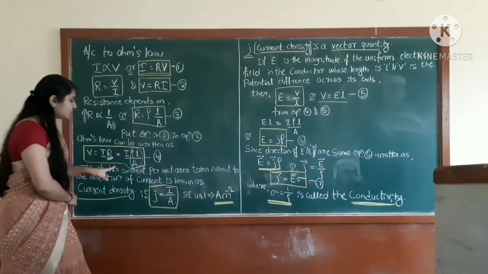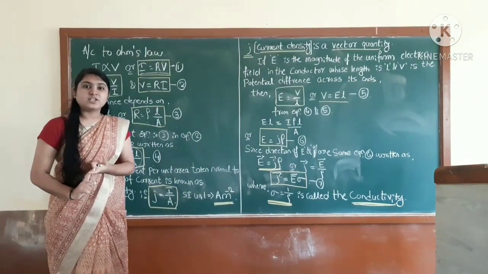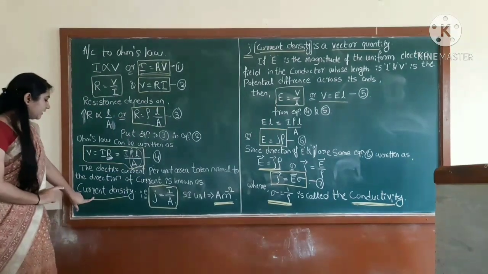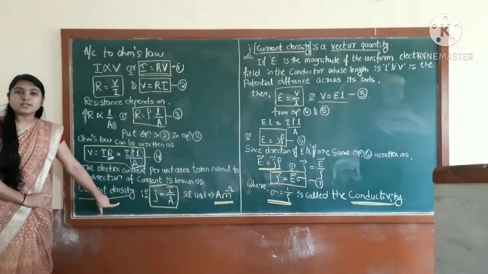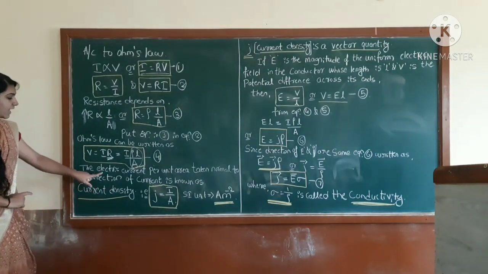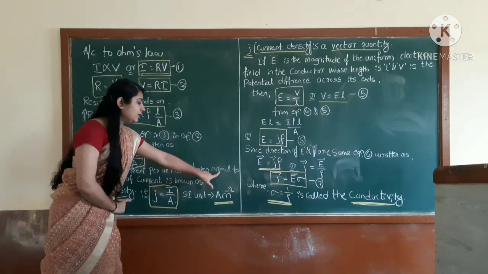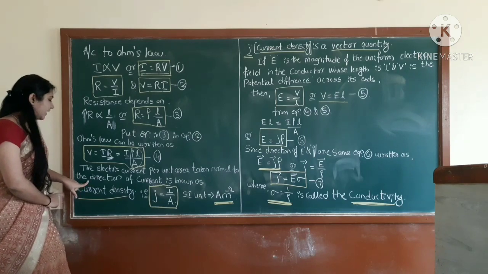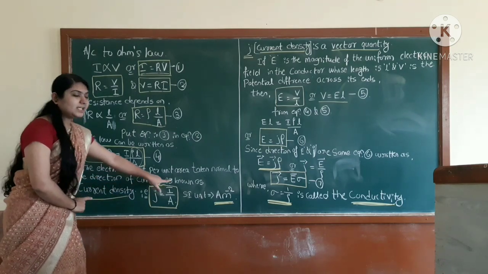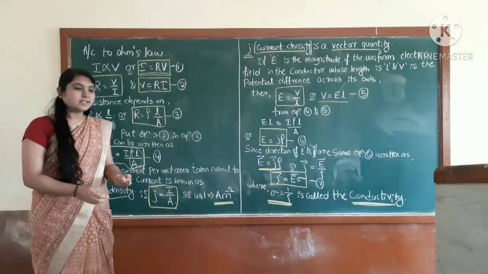So by using this equation, now we are going to constitute the next definition, that is the current density. What is current density? Students, the electric current per unit area taken normal to the direction of the current is known as the current density. See what it is then?